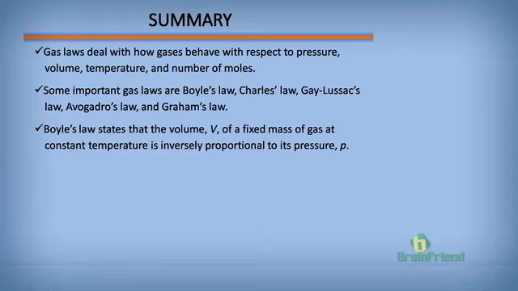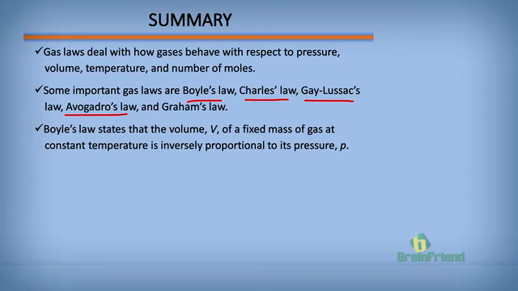So a quick summary of what we have learned in this lesson. We say that gas laws deal with how gases behave with respect to pressure, volume, temperature, and number of moles. Some important gas laws are Boyle's law, Charles' law, Gay-Lussac's law, Avogadro's law, and Graham's law.